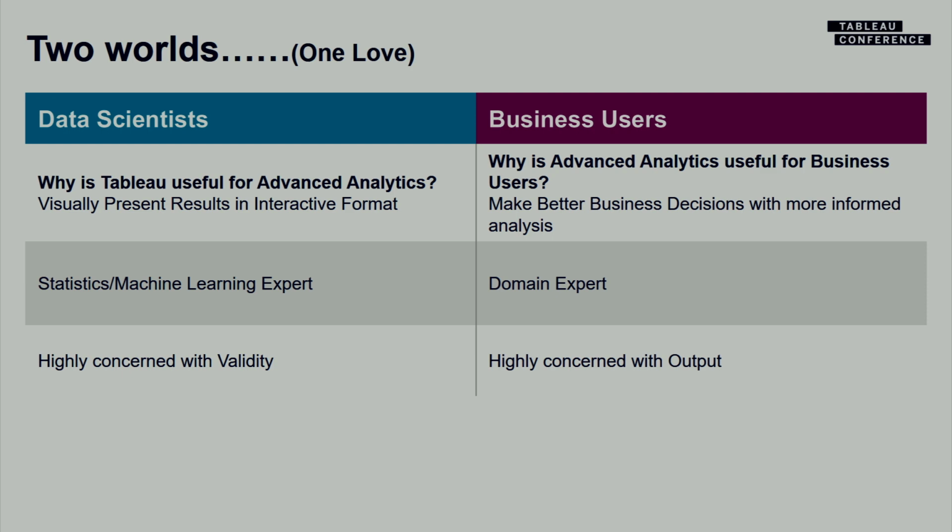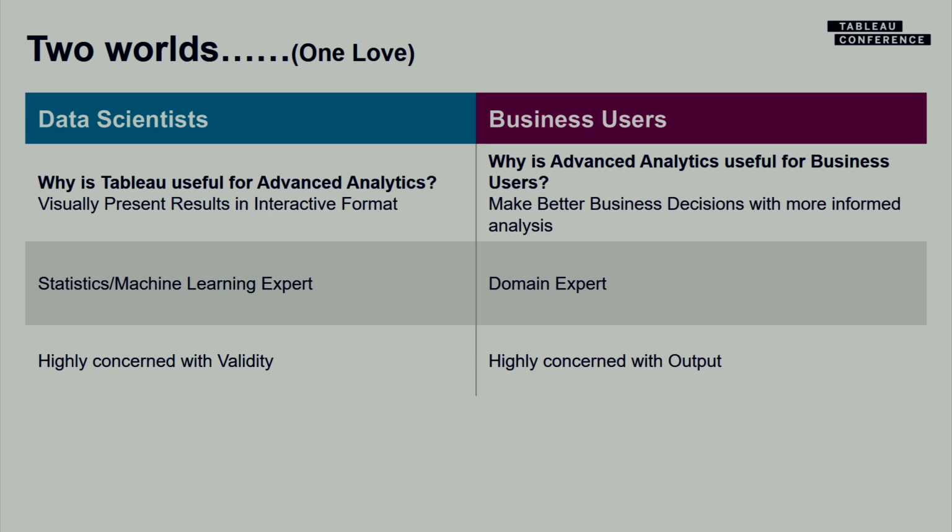Hopefully you've seen a little bit by our background that we sort of represent these two groups that we're talking about in today's session. My background is truly in business. I was always highly engaged with the context and my business value, with a high focus on output and how good my business was doing.